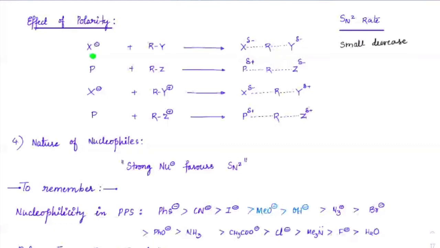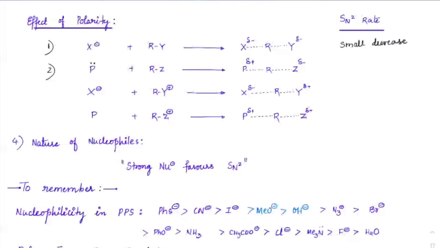See, if the polarity is increased, RZ is not polarized even though the polarity is high, because it is neutral. But in the transition state, because I need to remove this as Z minus, and this attack would make the nucleophile get delta positive, and the leaving group get delta negative.